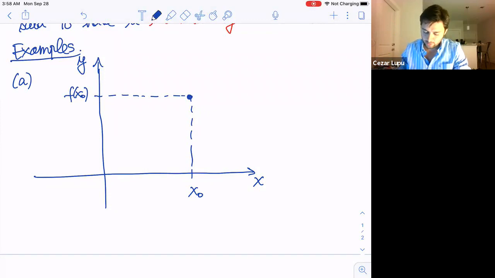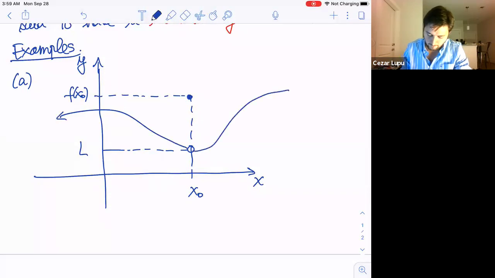Let's say I have the graph of this function, and let me say that it has a hole at L, and this function goes like this. So that's the graph of a function.